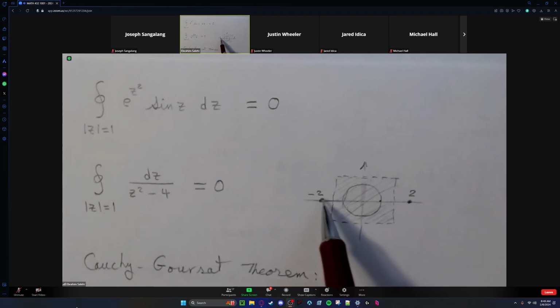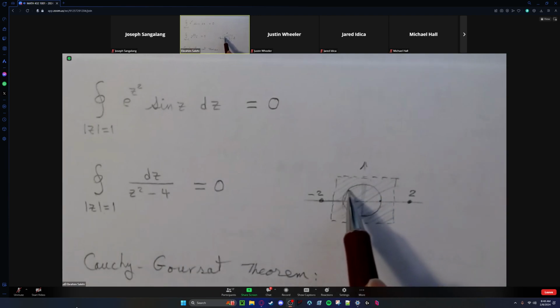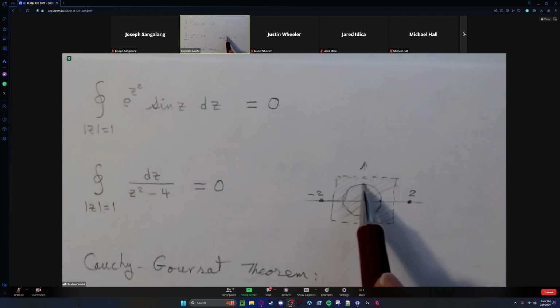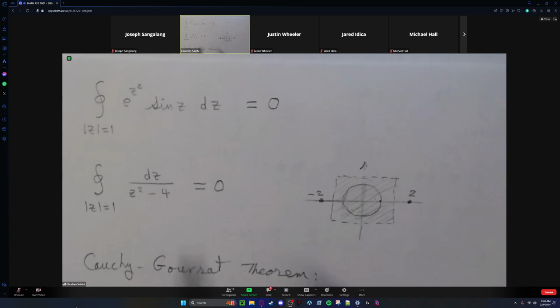They are outside this unit circle. I am integrating over this curve, and the function is a perfectly beautiful function here. All the conditions are there. As a result, the integral is 0. Okay? Two examples showing you how things work.